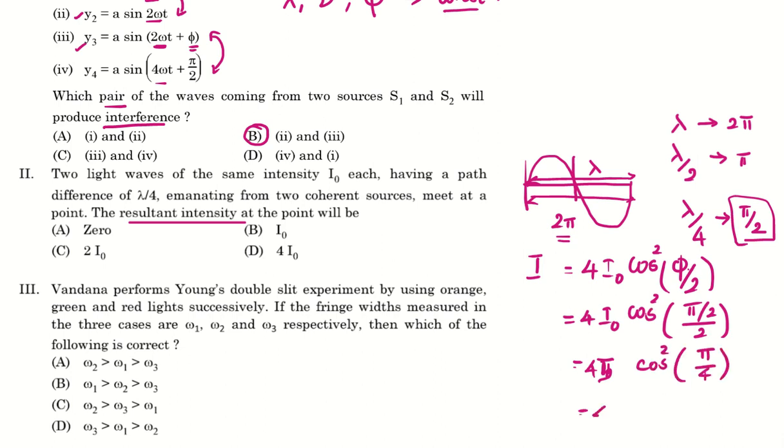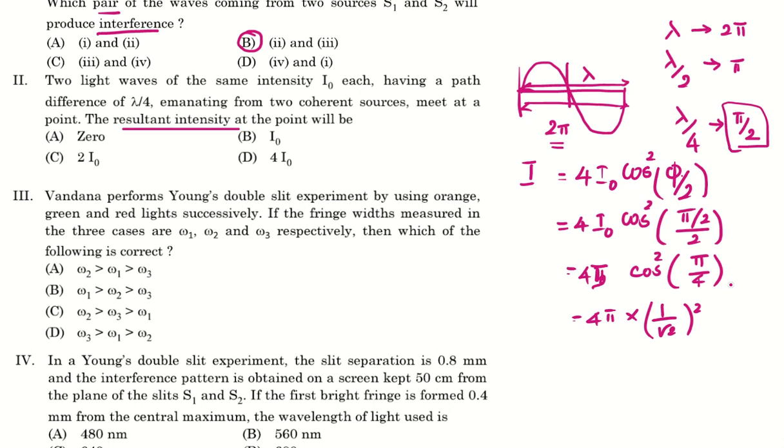Cos pi by 4 is 1 by root 2, so 1 by root 2 whole squared. So we get 4, no, this is I naught, so it is I naught times 1 by 2. Actually it is 4 I naught times 1 by 2, this 2 will go away, and we will have 2 I naught. So C is the answer.